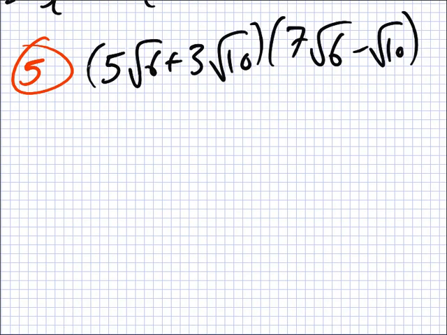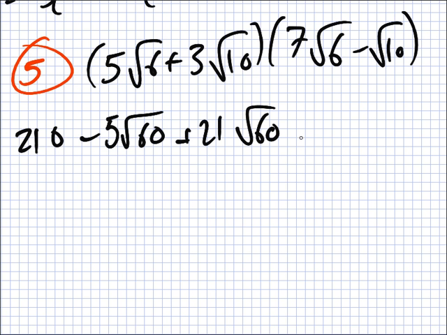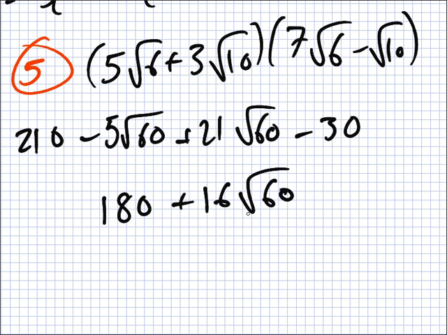Okay, let's multiply that out. 5 times 7 is 35, and 210 minus 5 root 60 plus 21 root 60 minus 30. Then 180 plus 8 plus 16 root 60. It's not the simplest. Oh yeah, 60 you can change into 4 times 15, isn't it?